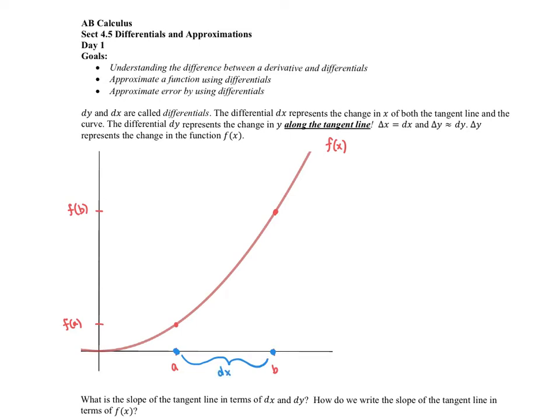We actually also call that delta x. We'll talk about the difference here in a minute. Okay, so the change in y of the actual function, we call this delta y.